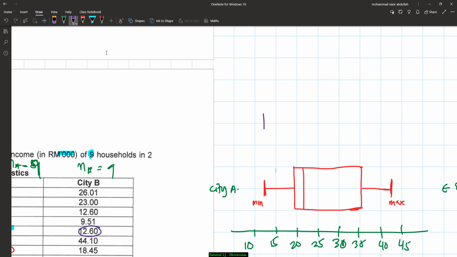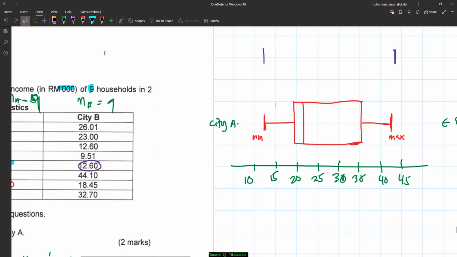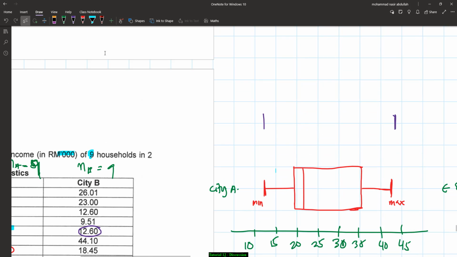So 44.1 should be close to 45, right? And then quarter one is 18.45. 18.45 should be a bit lower. So this is going to be your 18.45.